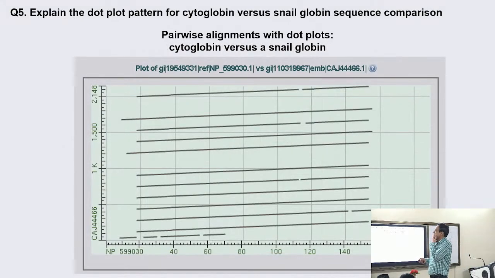Here you can see the dot plot pattern for cytoglobin aligned with a snail globin. Can you help me understand what this pattern signifies? Human cytoglobin is on the x-axis, a snail globin is on the y-axis.